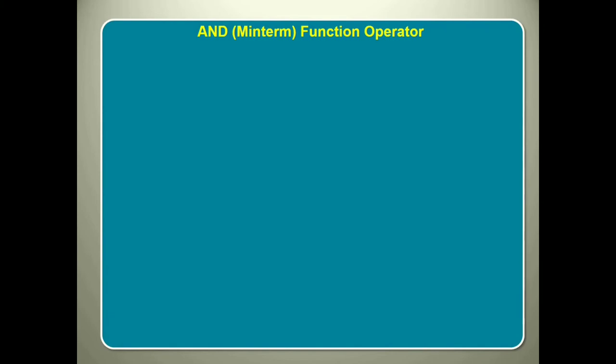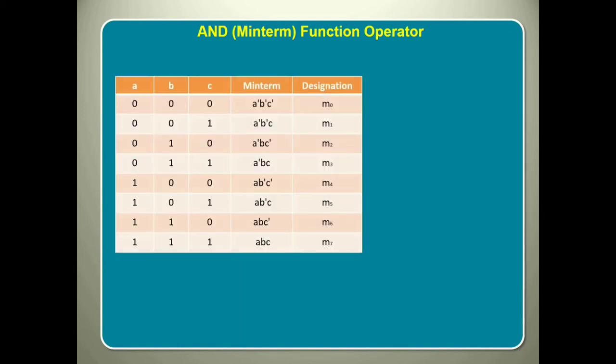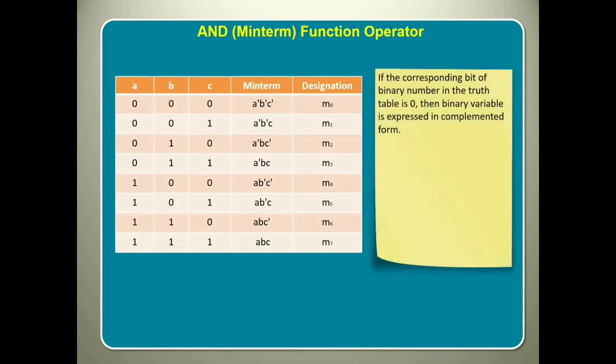Next, let us learn more about AND, Minterm, function operator with the help of an example. On-screen table shows Minterm for 3 different variables A, B, and C and corresponding values 0 and 1. Note that if the corresponding bit of binary number in the truth table is 0, then the binary variable is expressed in complemented form.